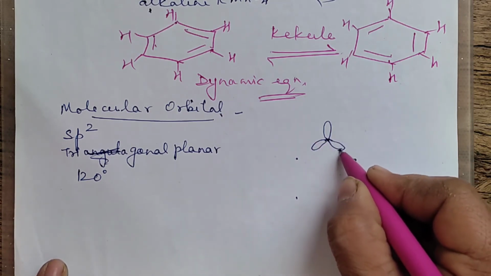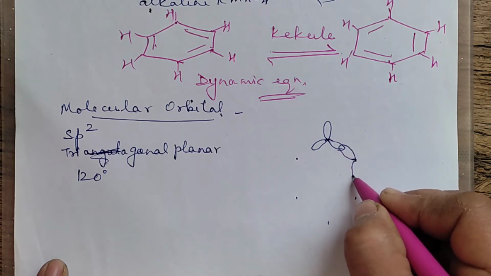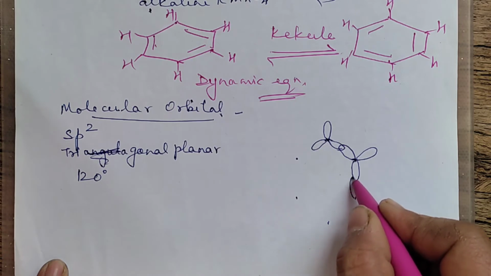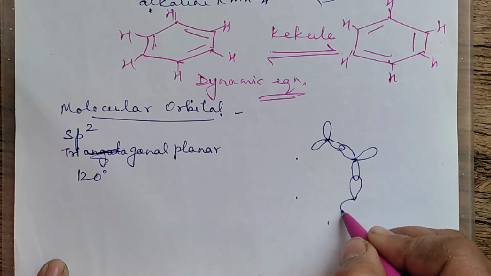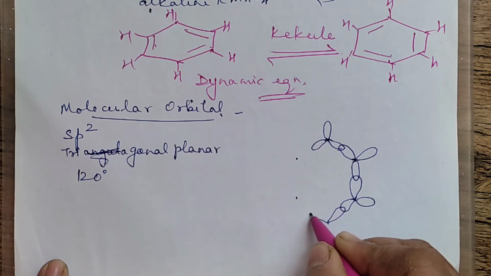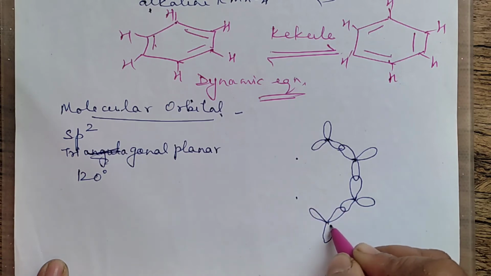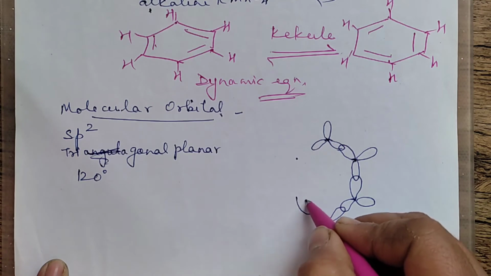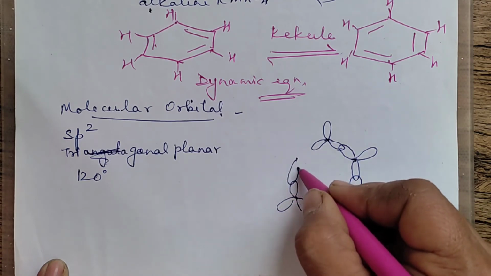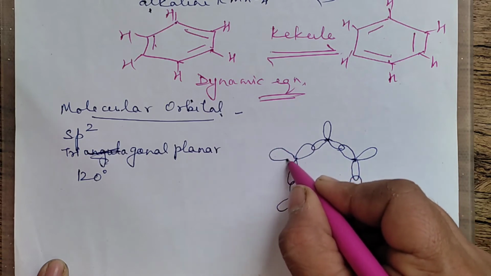Second carbon atom, 3 sp2 hybrid orbitals. For the next one also, sp2, sp2 and sp2. For the fifth and sixth ones, you can have it like this.